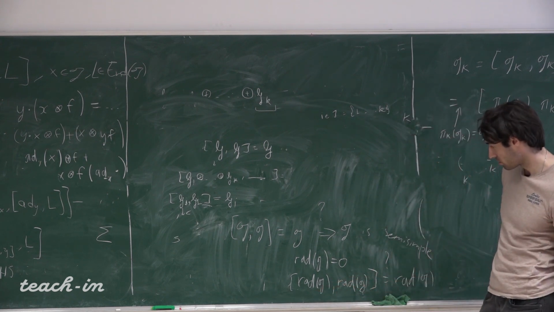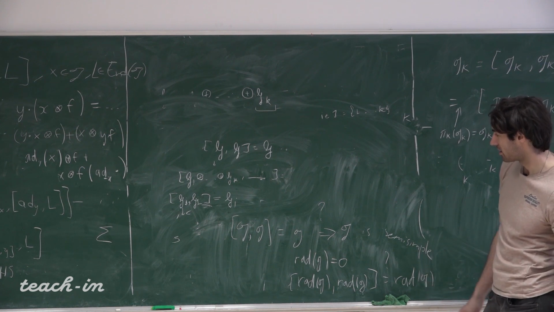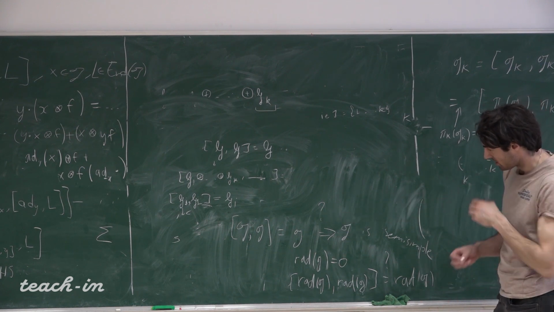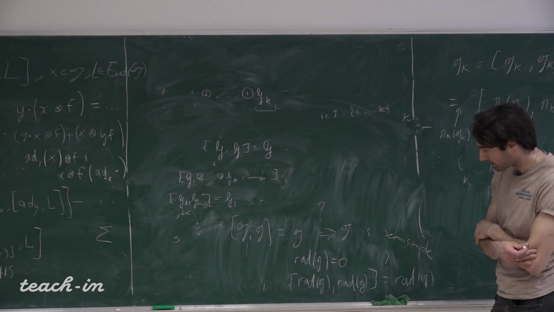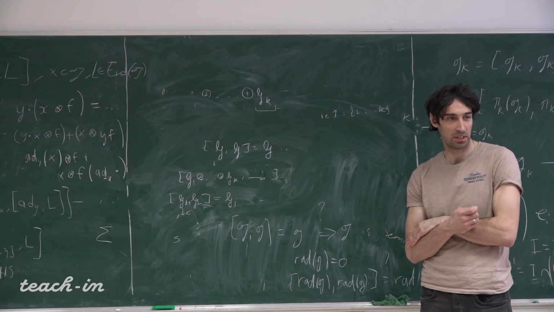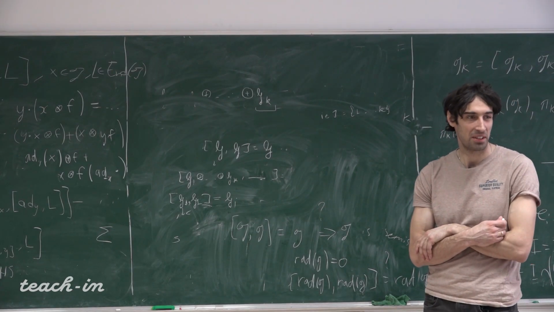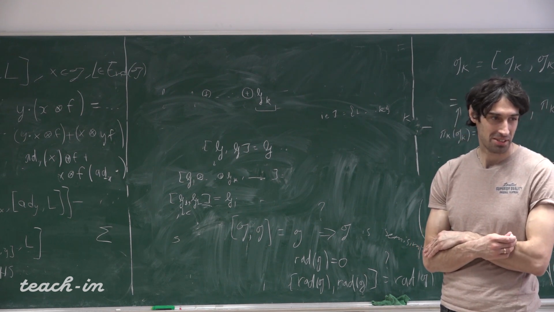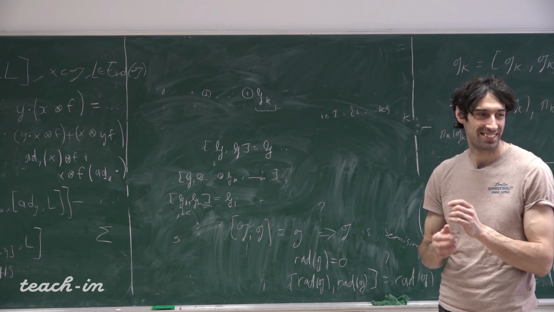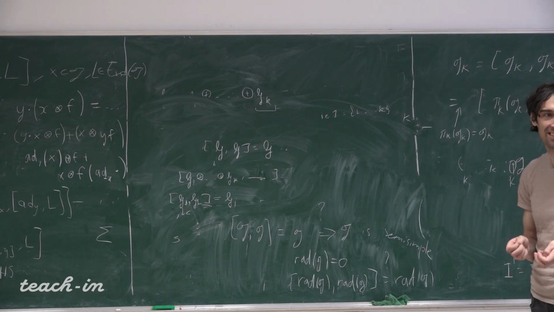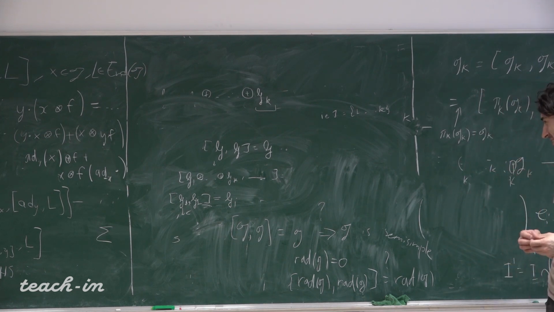But is this true if I have this? Not so clear. Maybe not. I cannot say right away. So maybe a good problem. I think it's not true, but maybe I'm wrong.